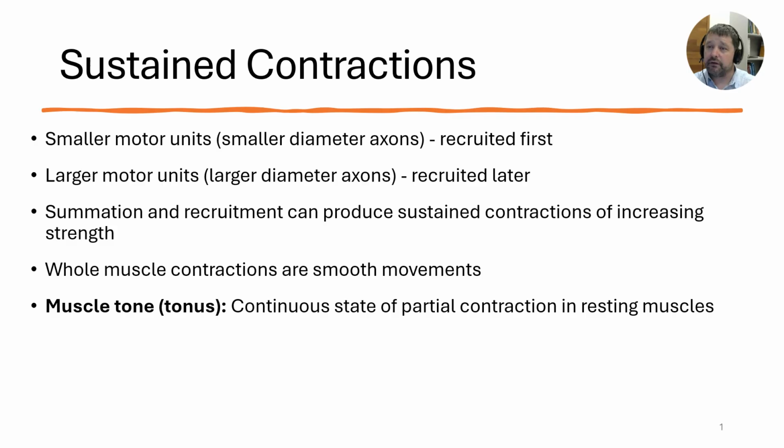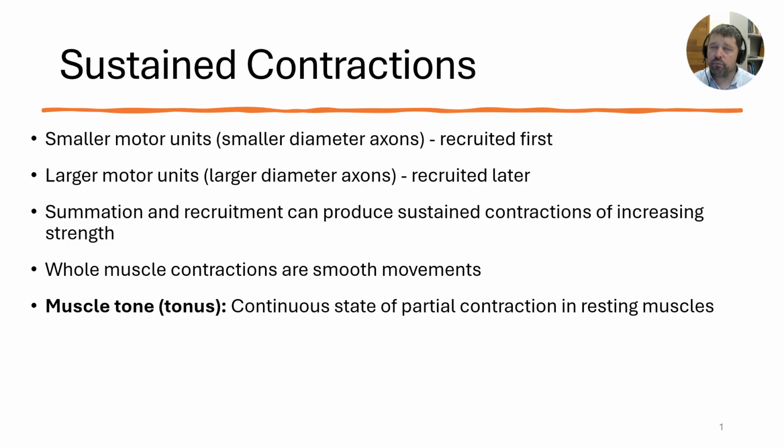It's being stimulated enough that the contractions are occurring in a summation, and along with that, you can get recruitment of both smaller motor units and larger motor units over a period of time. So the contraction can continue to drive movement or work or muscle contractions.